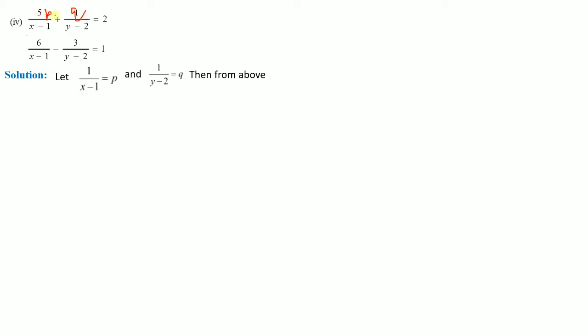So we will have 5p plus q equals 2. From here, and similarly here we have 6, this 1 upon x minus 1 will be p, so 6p minus 3, and 1 upon y minus 2 is q, so this is minus 3q is equal to 1.